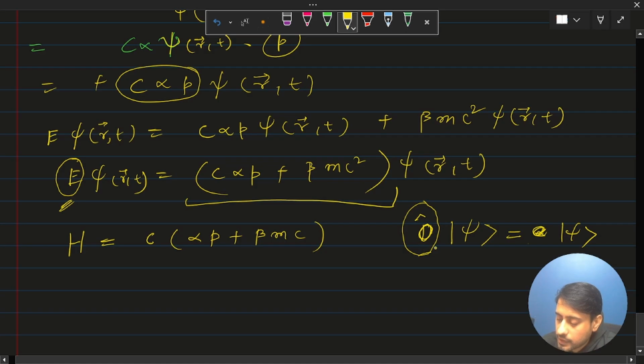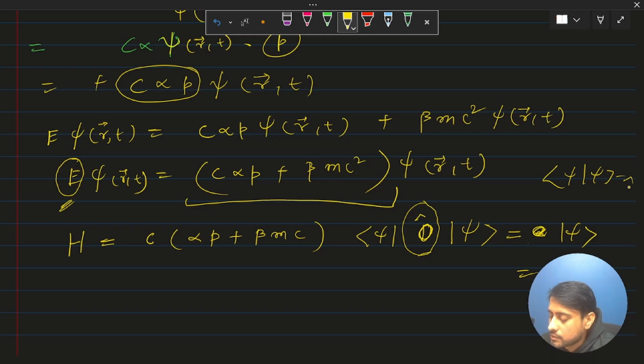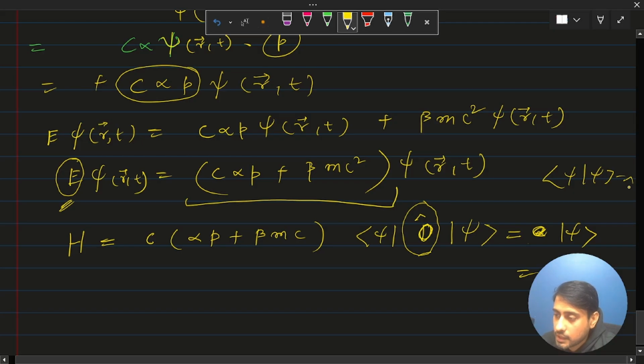So basically, if you multiply by the conjugate of psi on the left hand side, this will give you the eigenvalue E, because psi and psi will give the one value. And it should give you the real measurement of a real quantity. So any operator in quantum mechanics should give you real values, a real number, not a complex number.